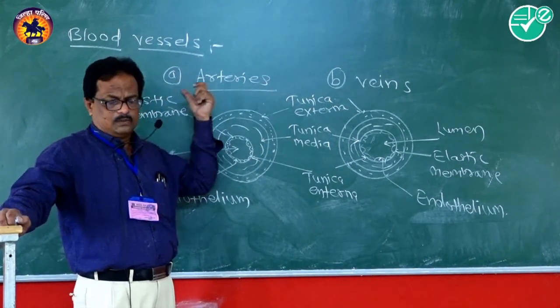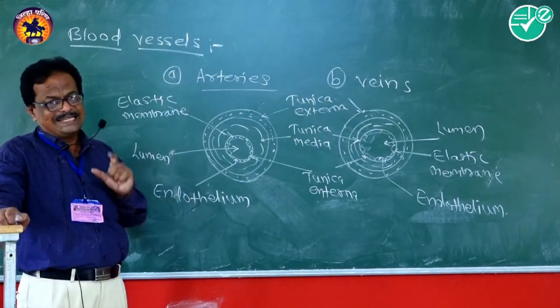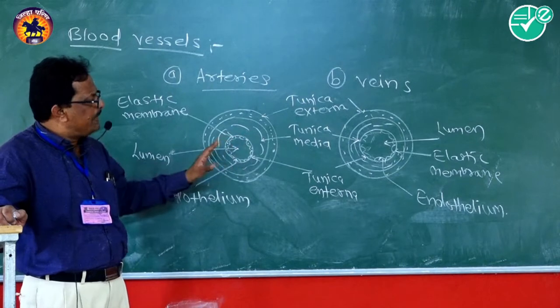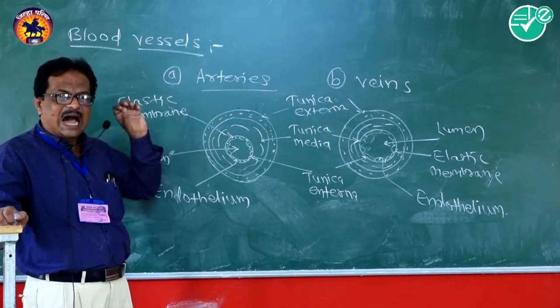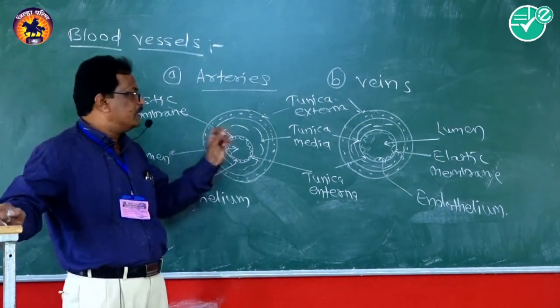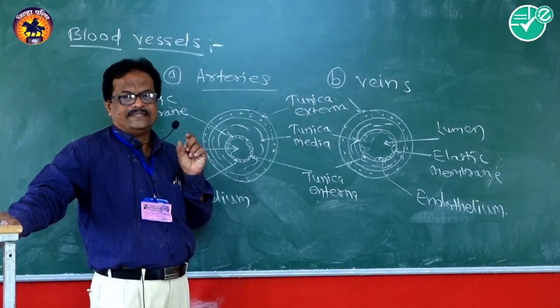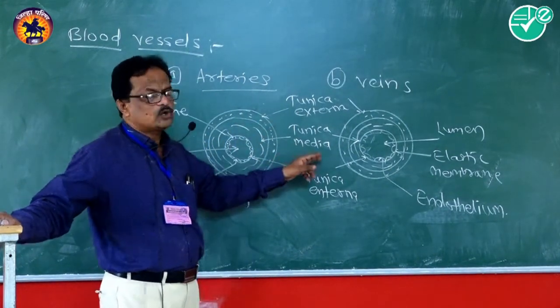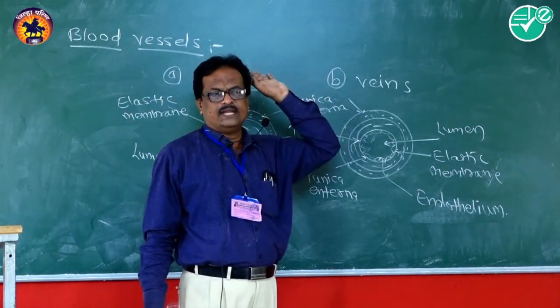The difference between the histological structure of the walls of these two blood vessels is the tunica media. In the histological structure of arteries, the tunica media is thicker as compared to the tunica media present in veins.